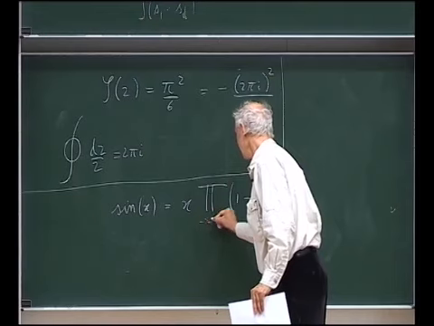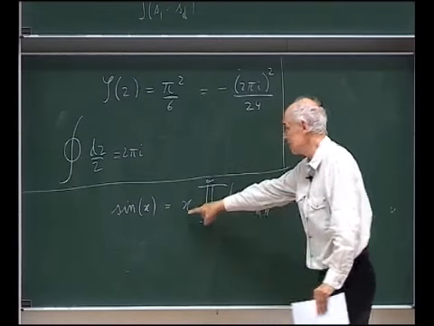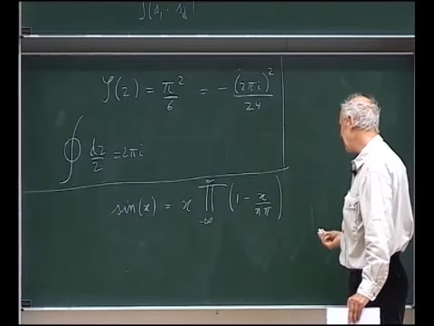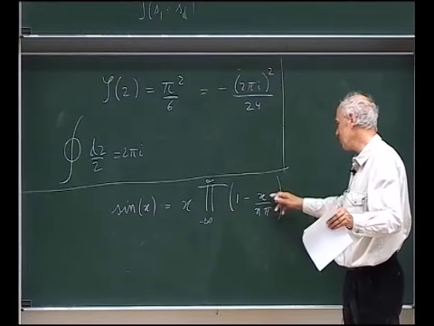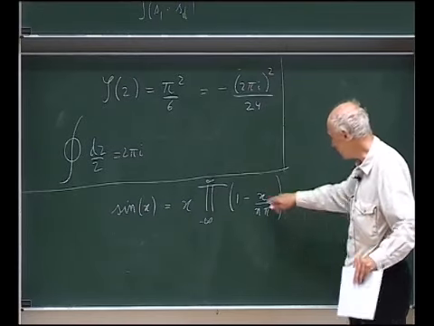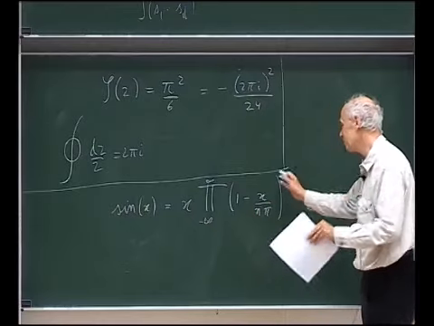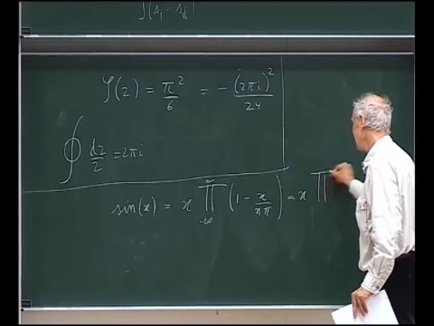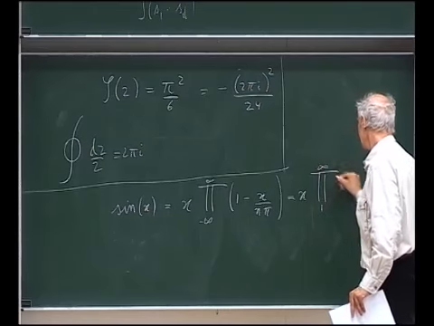So this leads to the formula x times the product of 1 minus x over n pi, where n goes from minus infinity to infinity, but omitting 0. So one has to be slightly careful. One should group together the terms for n and minus n.